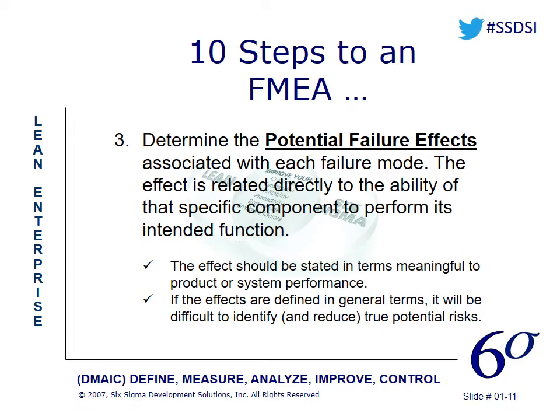I may put too much peanut butter because I can't really see what the measurement is for the peanut butter. I could put too much jelly. That's another potential failure effect. Or I could put too little jelly, or too little peanut butter. So right there, those are 4 potential failure effects. If I have 4 failure modes, and each one has 4 failure effects, then I've actually filled in 16 rows of data. So you can see how this can grow and get very large very quickly.